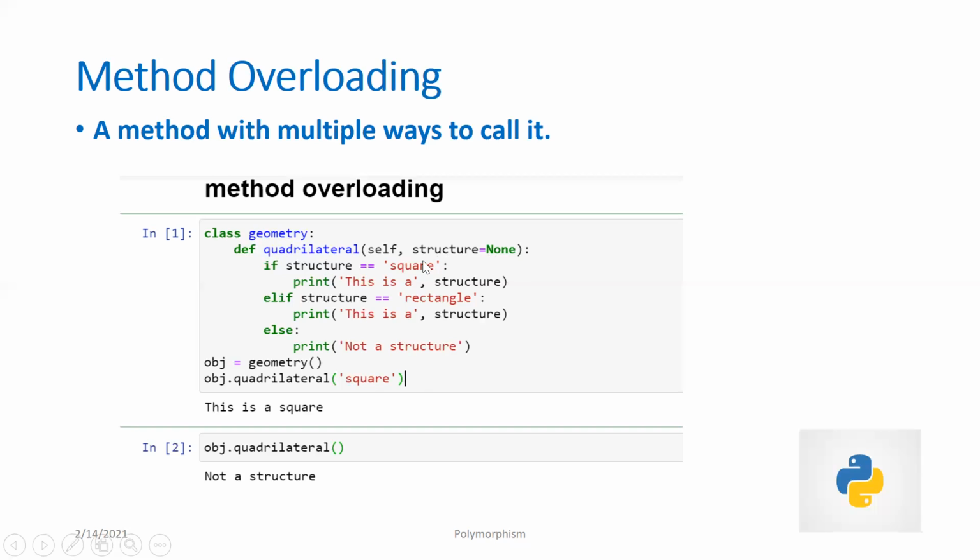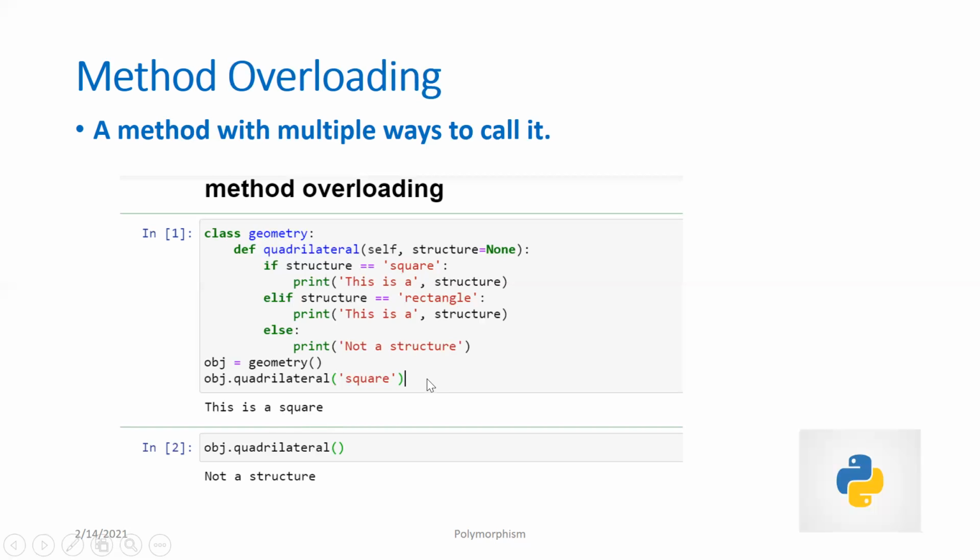So as structure has a value, square, it will enter the block, and find which condition matches. The if condition has been matched, and the next statement will be executed. So the output is this is a square.